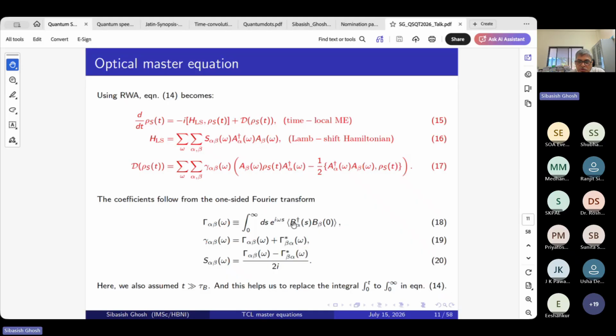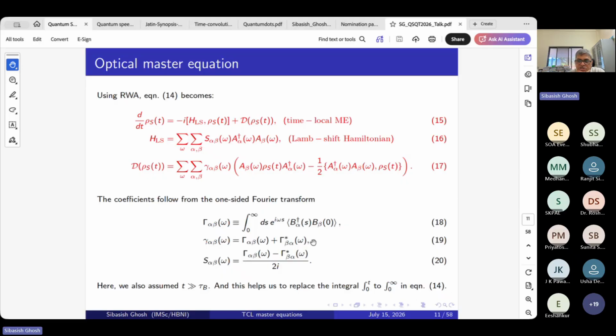You look at the Fourier transform of the two-point bath correlation, B_alpha dagger(t) B_beta(0), with respect to the initial state of the bath, and then take the Fourier transform, which you call capital Gamma_alpha beta(omega). Two times the real part of this is the small gamma_alpha beta(omega), and the imaginary part of capital Gamma(omega) is this S_alpha beta.